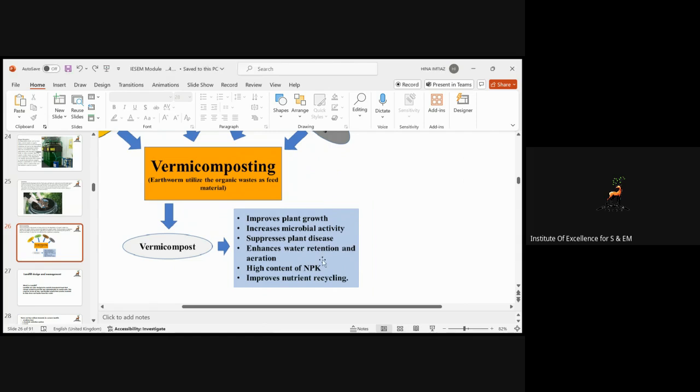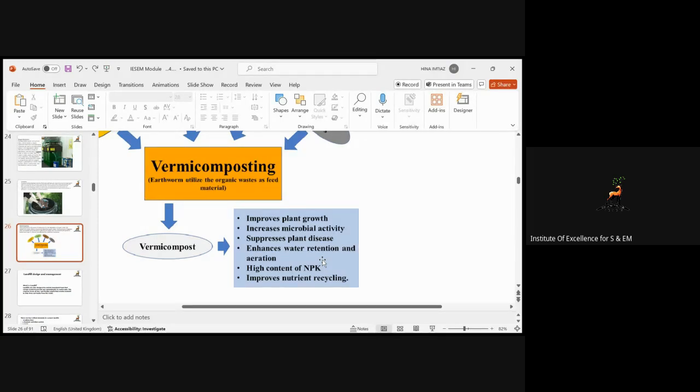The next one is that it enhances water retention and aeration. The water-holding capacity of such soil is increased as compared to normal soils, and the porosity and the pore structure of the soil also increase by using this method.